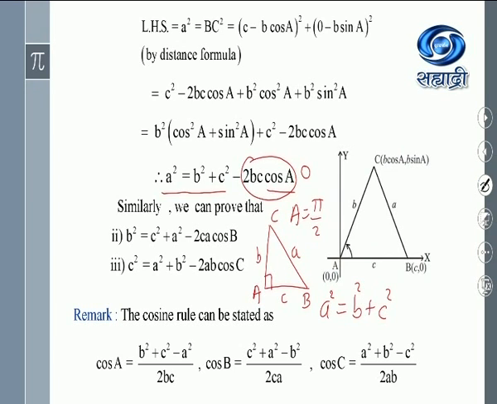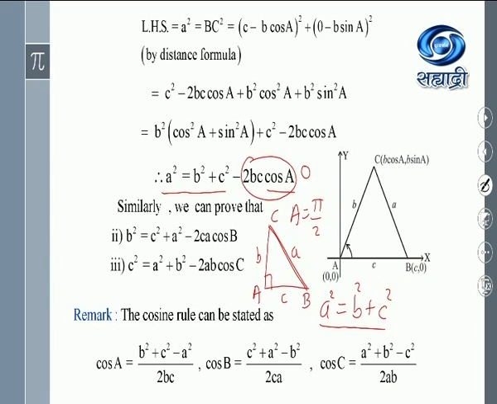See, this is the special case of the cosine rule, and this is nothing but the Pythagoras theorem you already learned. So this is also one of the proofs of the Pythagoras theorem. The hypotenuse a square is equal to b square plus c square, and that is possible with the cosine rule also.